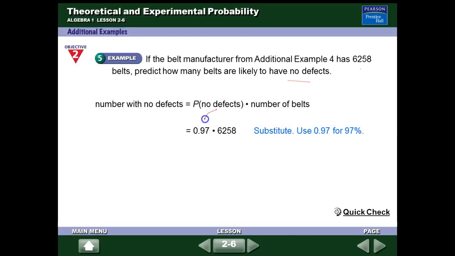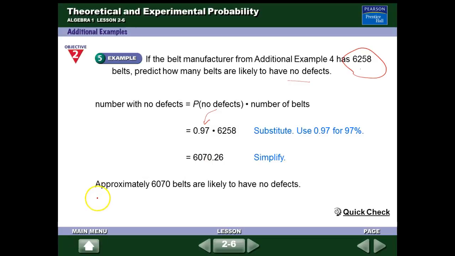We just said there was a 97% probability of it not having a defect. So you take your 97% and multiply it by your total number, 6,258. You're going to get 6,070.26. What is that telling you? Approximately 6,070 belts are likely to have no defects from your sample of 6,258.